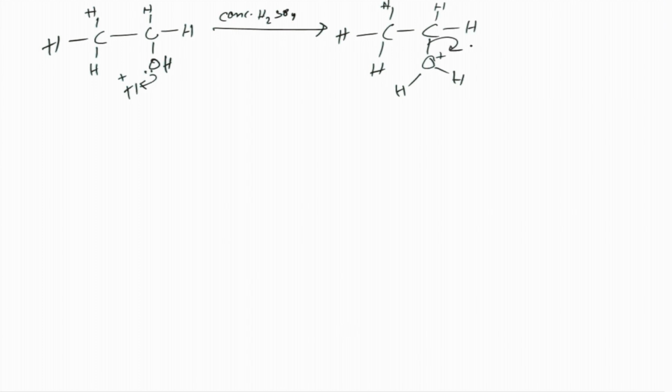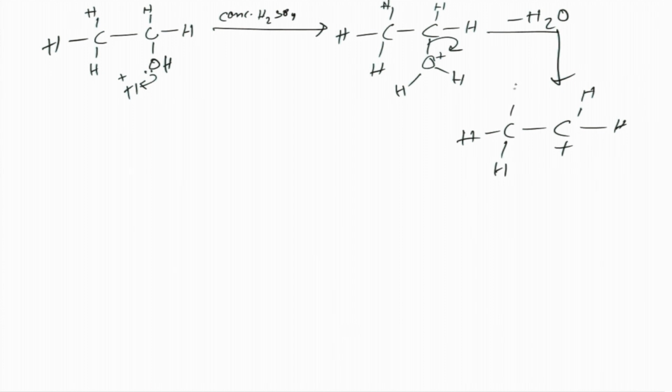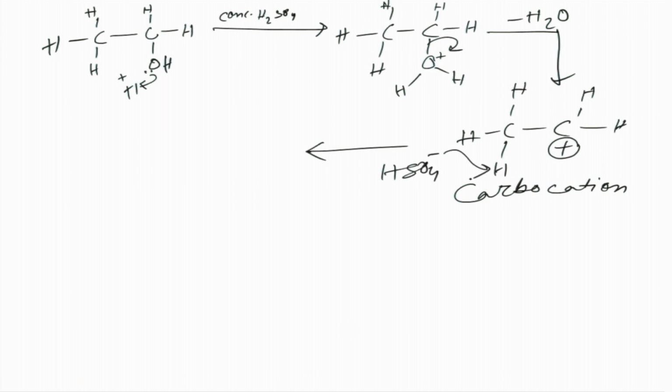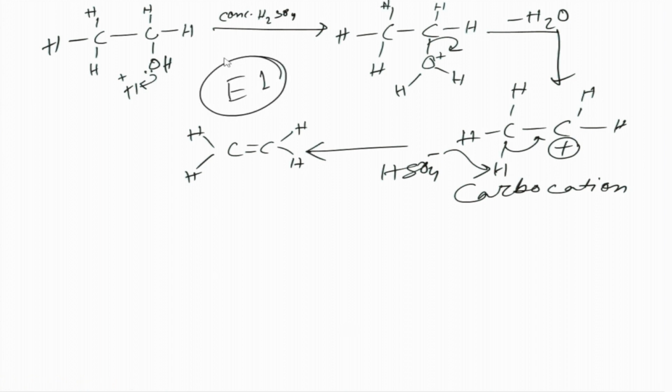This is a good leaving group. It leaves as a water molecule and a positive charge is formed on this carbon, so a carbocation was formed. After that, HSO4 minus took up this hydrogen and the double bond was formed. This was the rate determining step, the formation of the carbocation. So, this is the E1 mechanism.